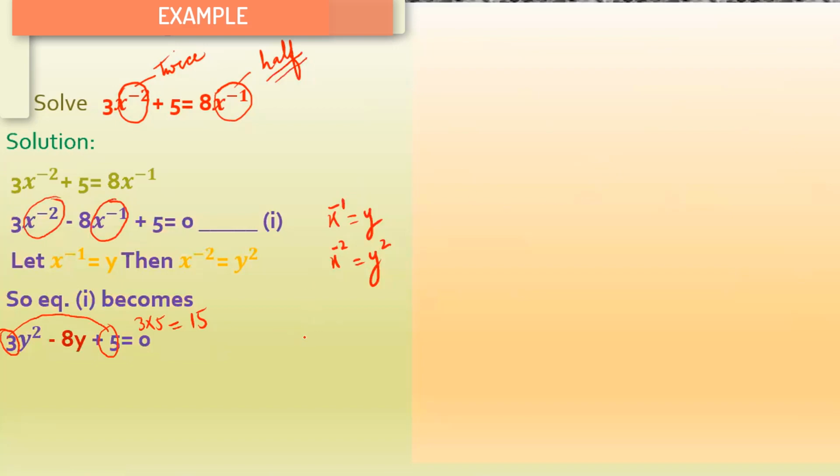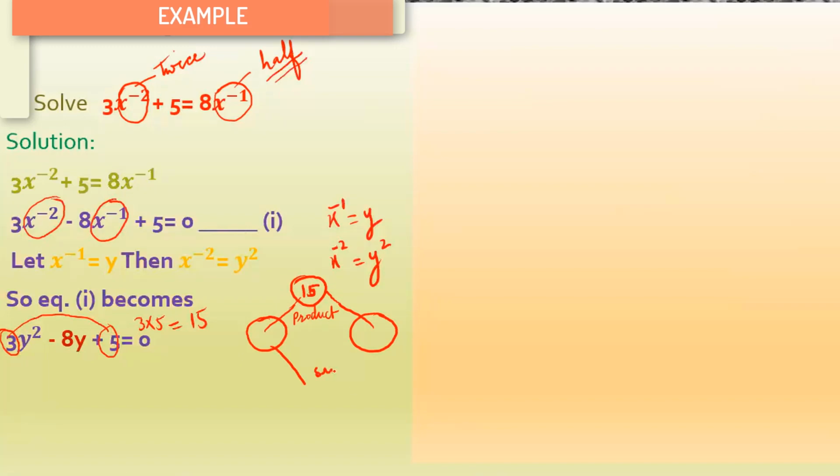We need to think about two numbers whose product is 15, right?